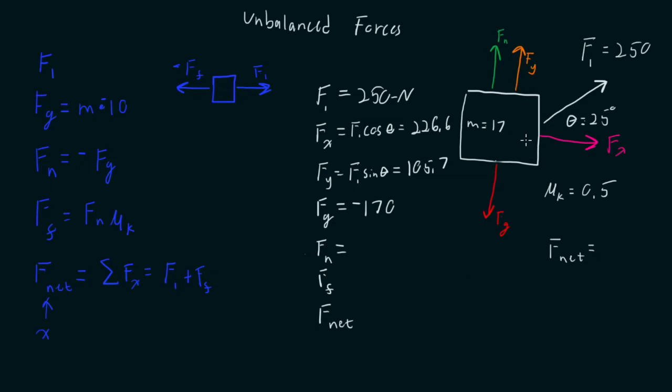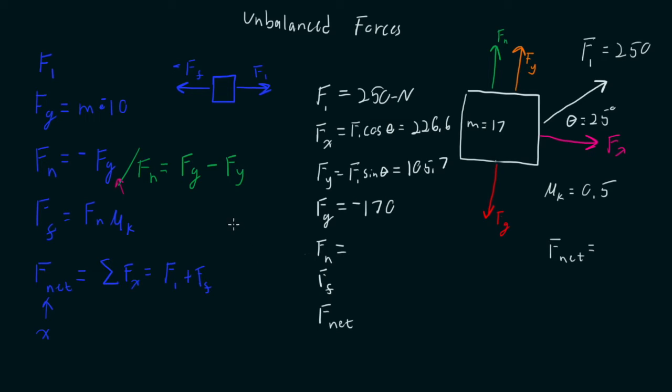So what's really happening is this force in y is relieving some of that weight, some of that gravitational force off of the ground. And so the ground doesn't have to push up as hard. So we can modify this equation right here. So let's adjust it just a little bit. I'm going to say that Fn is equal to the force of gravity minus the force in y.